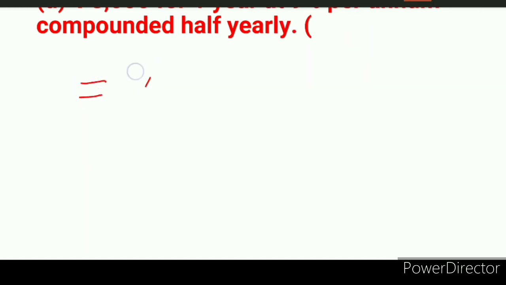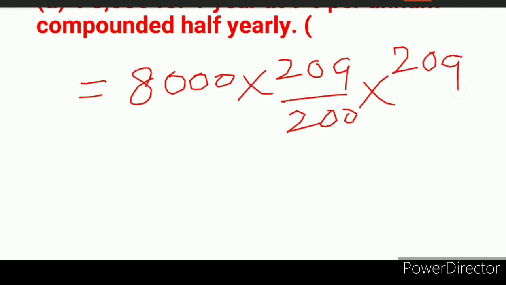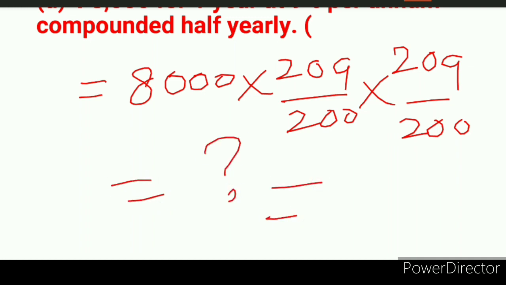That is equal to 8000 into 209 by 200 into 209 by 200. You can do the calculation part as homework. You will get the amount. From the amount subtract principal, you will get compound interest.